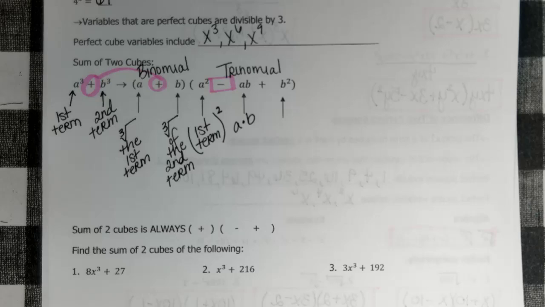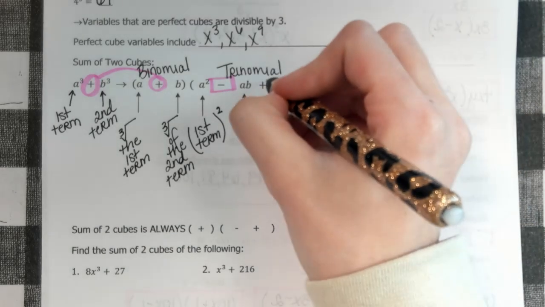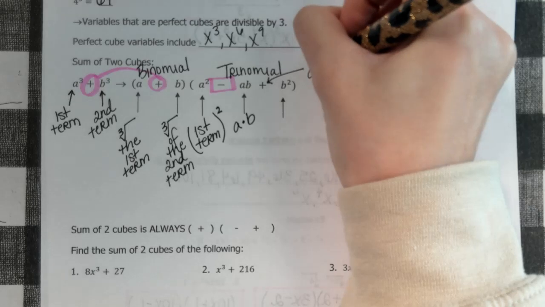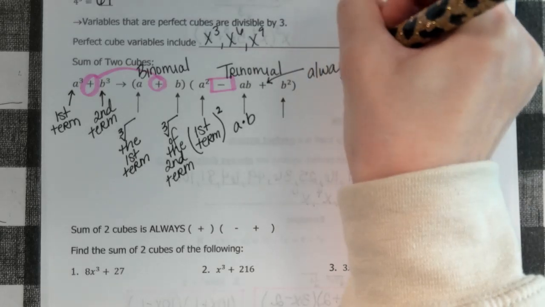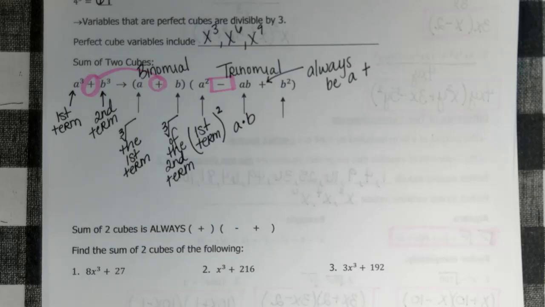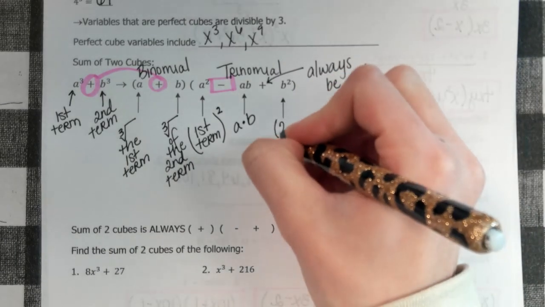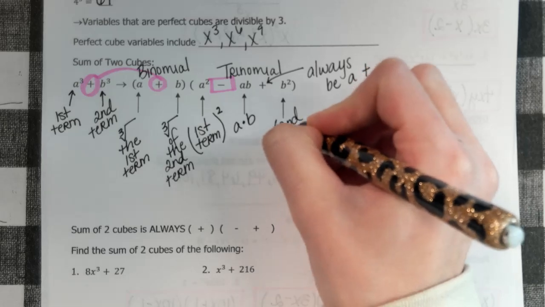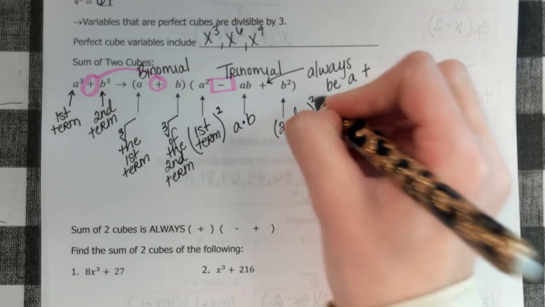You just multiply the two together. This plus sign will always, no matter what, be a plus because you are squaring the next term and that's always positive. So you take that second term of your binomial and square it.